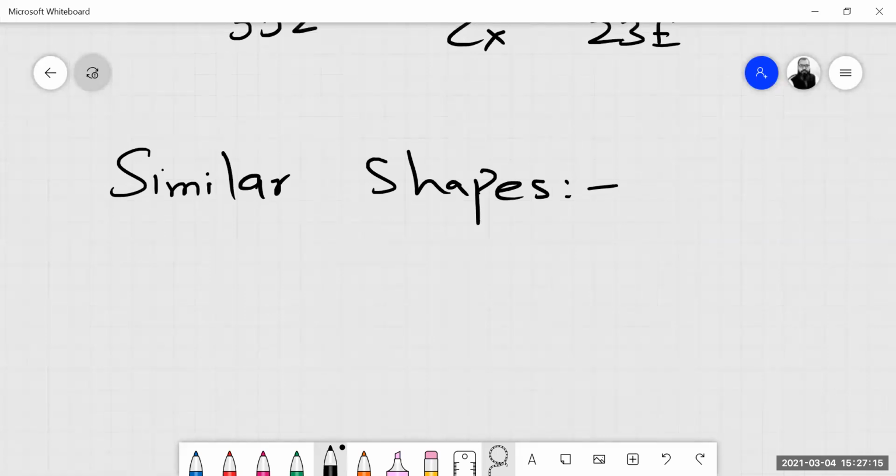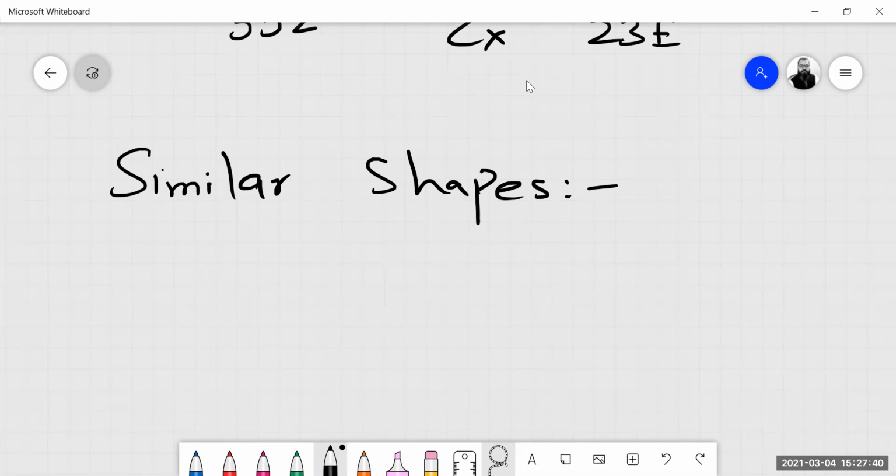Two shapes are similar if one is an enlargement of the other. Corresponding angles of similar shapes are equal.